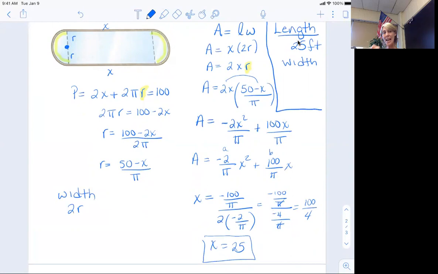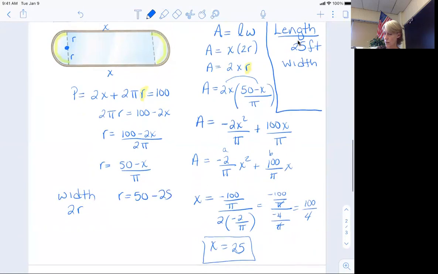So I'm going to take the x value and I'm going to plug it in to my r equation. So a circle of radius r is going to maximize, but what we want to do is find the actual width. And that width is going to be 50 over pi.